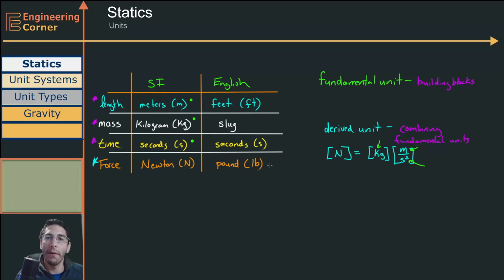Now, one of the most common mistakes that I would see was students confusing kilograms and pounds because of the way we measure things in our life. I don't necessarily mean that if you were given a problem in SI units, you would use pounds. That's not really the mistake I would see.